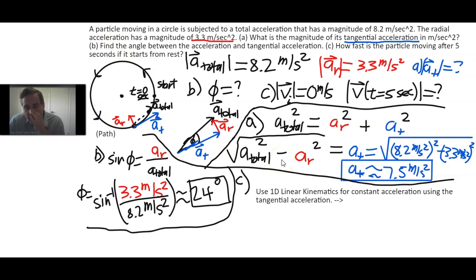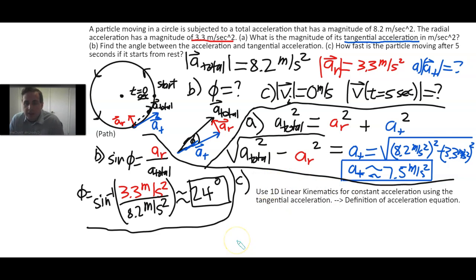So we're not really interested in how far it goes. We're interested in its final velocity when we have the initial velocity and we also have the acceleration and the time. So this suggests the definition of acceleration equation.